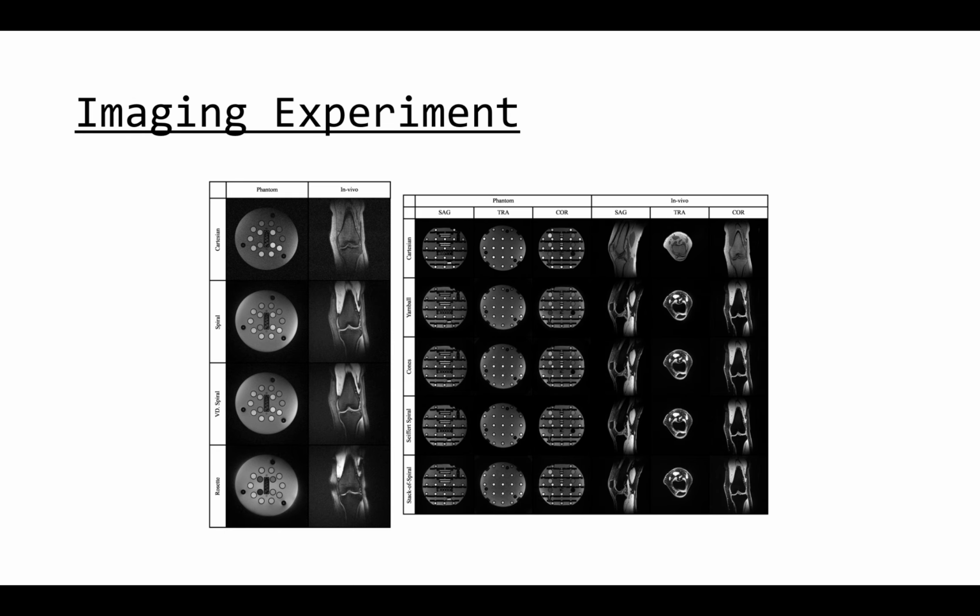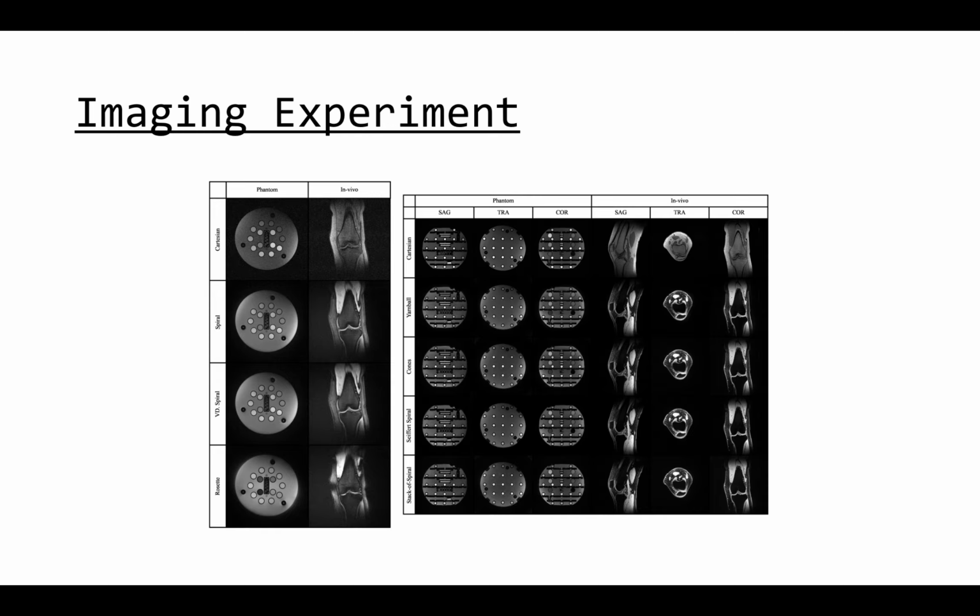Regarding the imaging quality of the time-optimal gradient waveform generated by our method, we also did some imaging experiments on both phantom and human knee. As we can see from the results, the non-Cartesian sampled images are clear and free of artifacts or distortions.